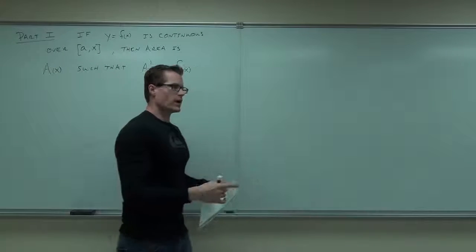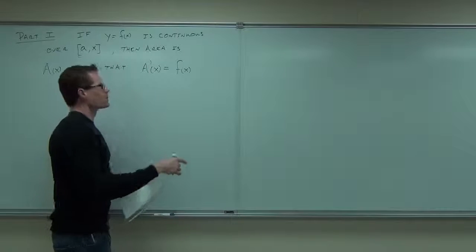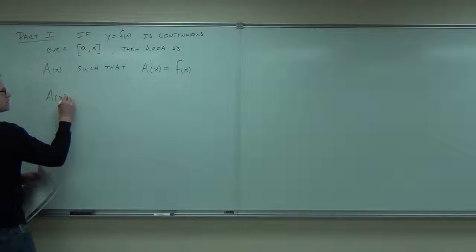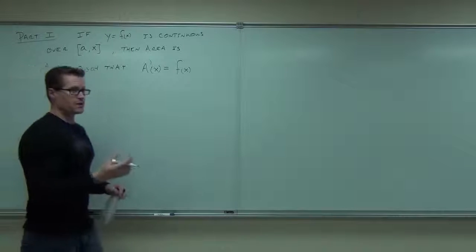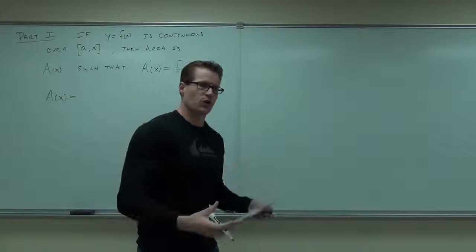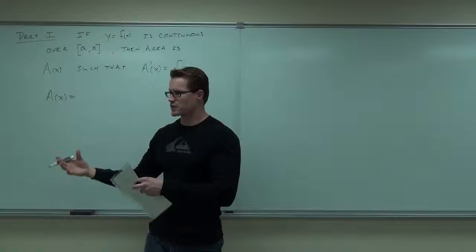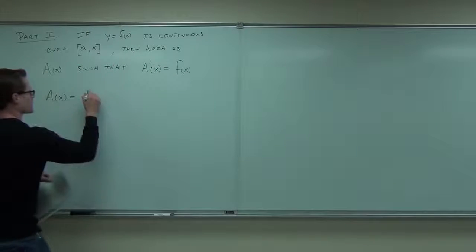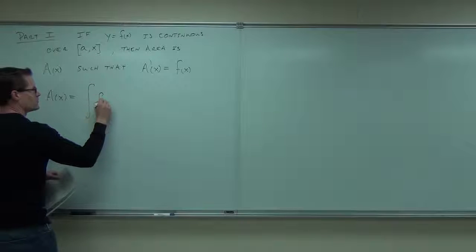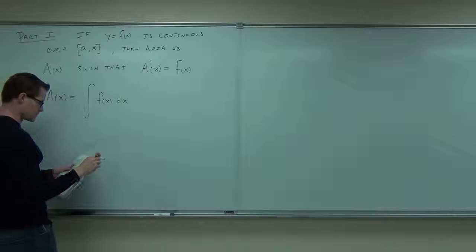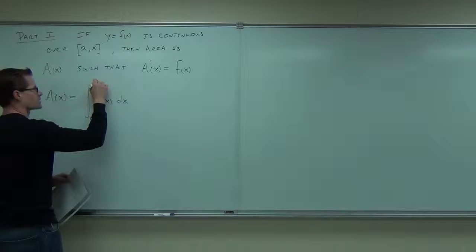Well, I could write that a different way. I could write that also as the area then should be the integral of f of x. We also had that from what we've been studying, right? It says that if I want to find the area, it should be the integral of f of x dx from a to x.